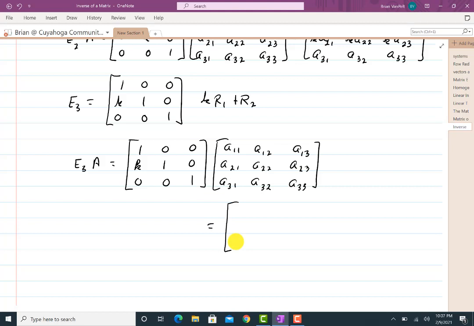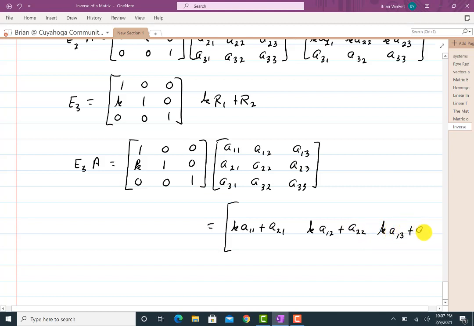So my second row will look like k A11 plus A21, k A12 plus A22, k A13 plus A23. But then the rest, of course, are left alone.